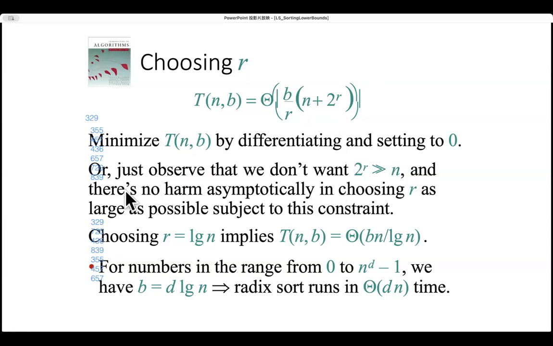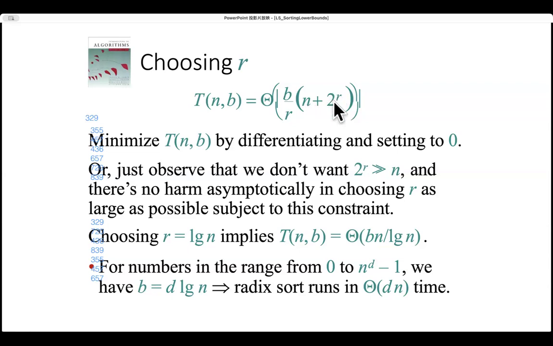So there's no harm asymptotically in choosing R as large as possible subject to this constraint. As long as you do not increase the order of what is inside these parentheses, it doesn't hurt.